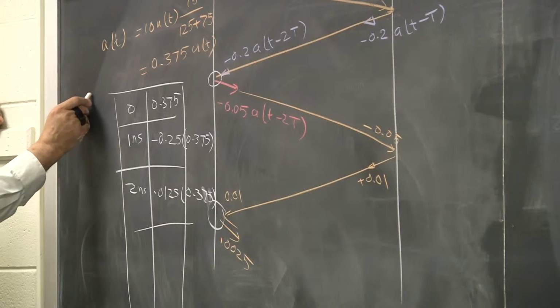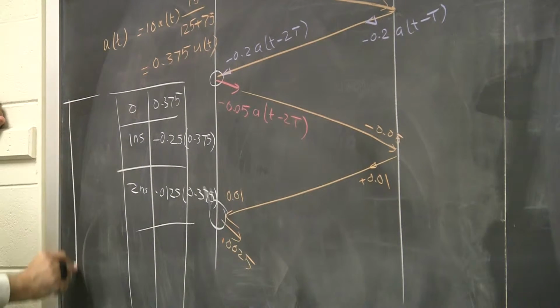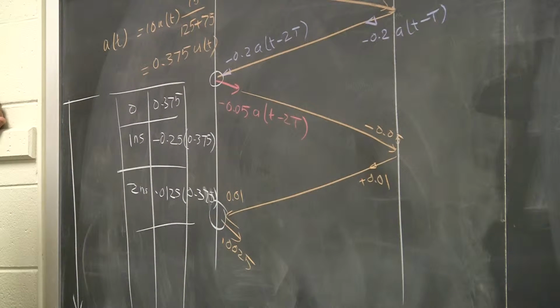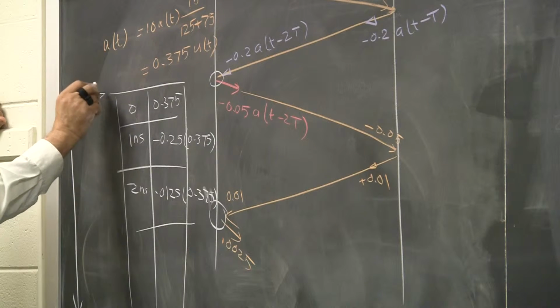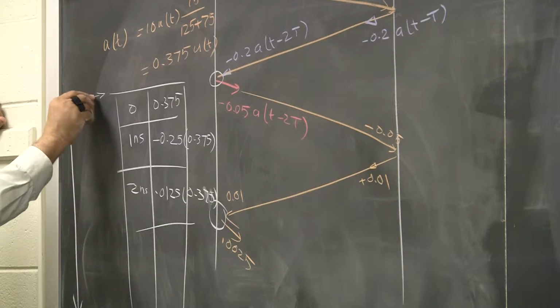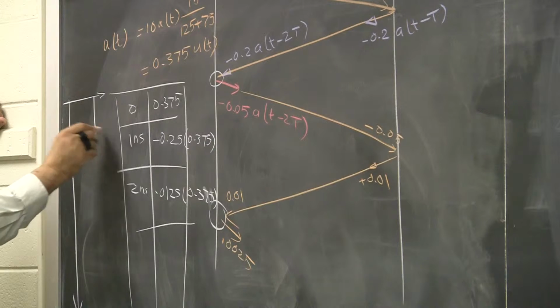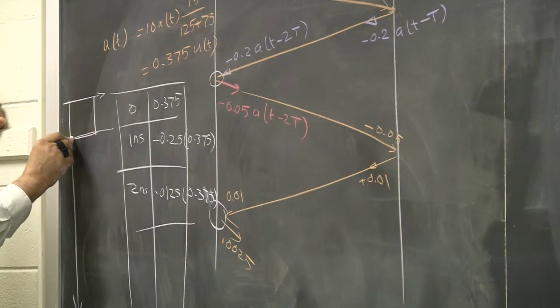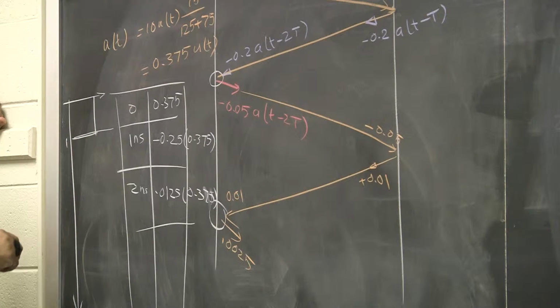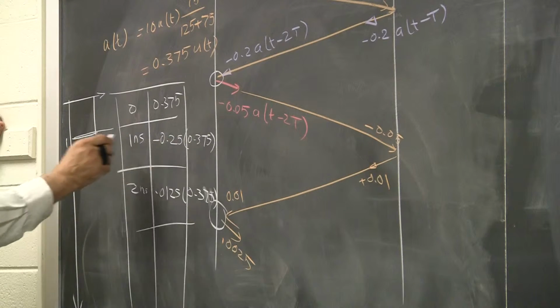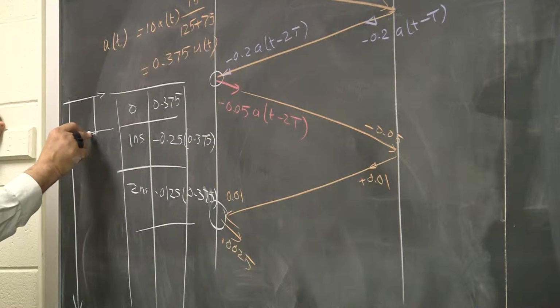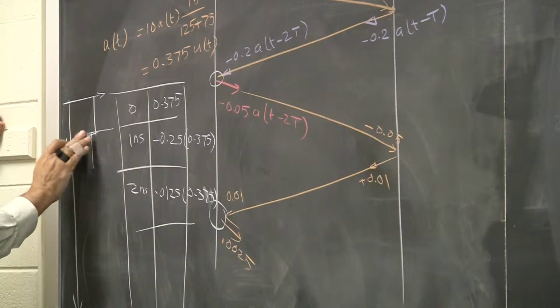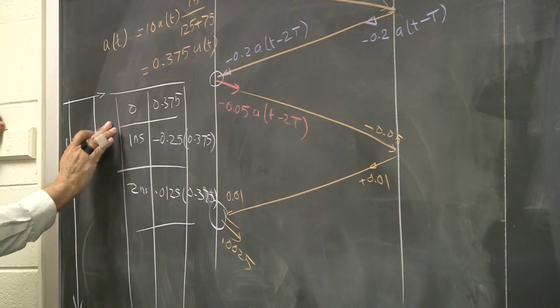And if I go here now to draw a signal as t, that's magnitude. So I do 0.375, lasting until 1 nanosecond. And then I drop by that much. Like that.